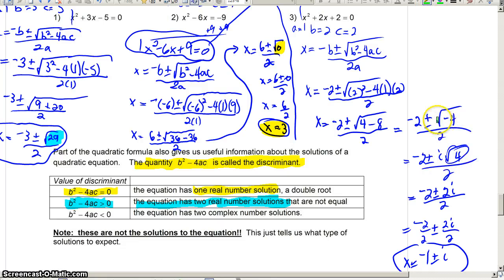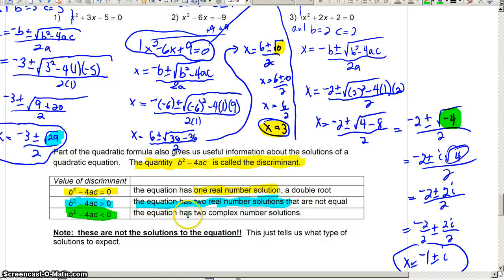The third example we did, you could see that our inside of the square root, our discriminant, was a negative number. If you ever have a negative inside of a square root, you know you take out an i. In essence, you have complex numbers. So we have 2 of them. That's the plus minus.